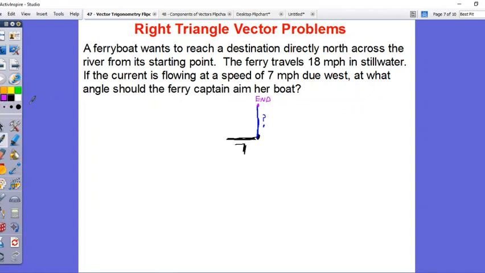So we know we have to start at the end of our westward vector, move here, and know that our ferry boat has a magnitude of 18. So this value is going to be 18, and we need to find this missing side. If you can draw this, this is the current.